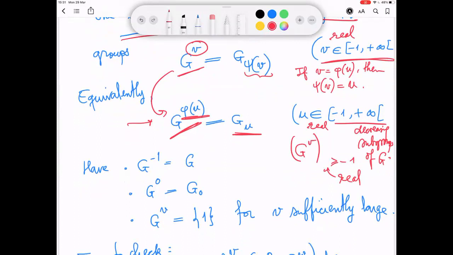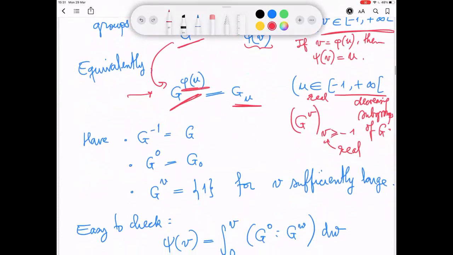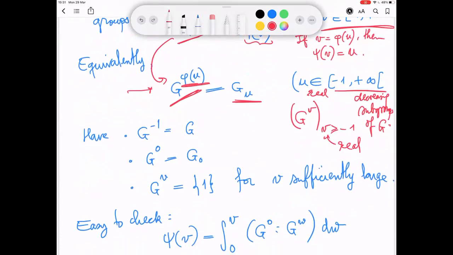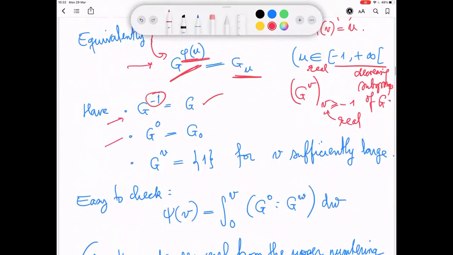So G upper V for all real V greater than -1 are all subgroups, and they form a decreasing family of subgroups. And you can check that G upper -1 is just the whole of G. G upper 0 is just the inertia subgroup, right?